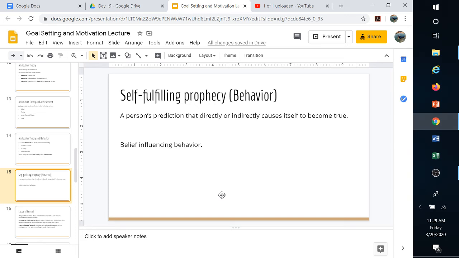So I found out, you know what? I'm not bad at math. I just never put any effort into it. I didn't have any motivation, and I made excuses, and those all influenced my behavior. It was a self-fulfilling prophecy. I told myself that I was bad at it, and so therefore I directly didn't do things, and it indirectly caused it to become true.